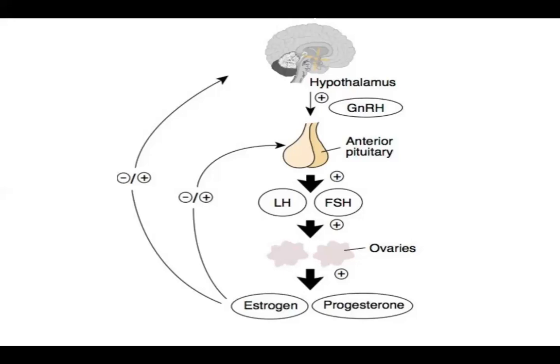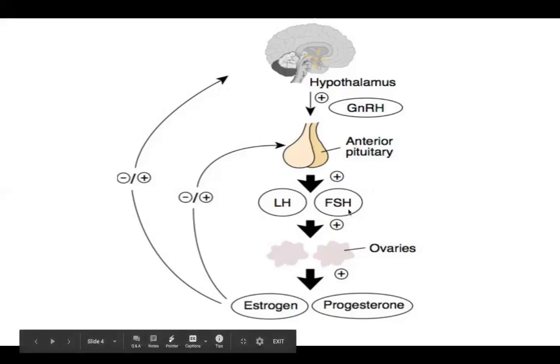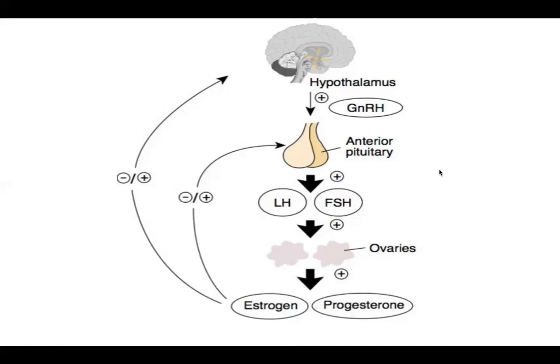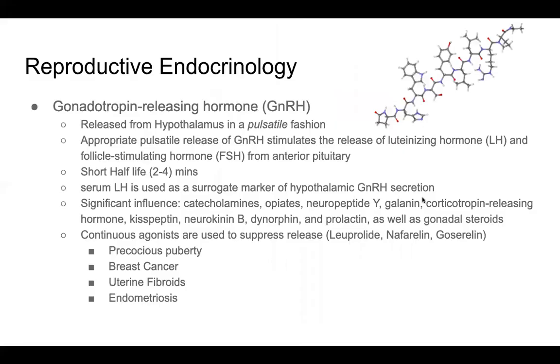The biggest difference between anterior and posterior pituitary is that they come from a different embryologic developmental site, which is why they have different functions. So through the next few slides, we're going to talk about each of these hormones individually, what they do, what effects they have, and we'll go from there.